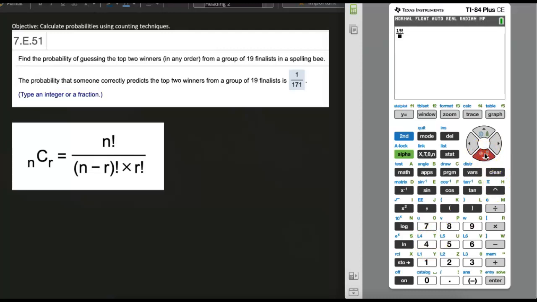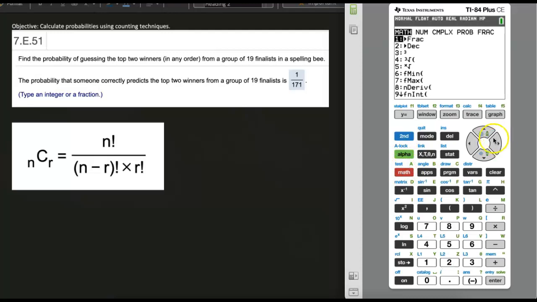So that's 19 factorial over 19 minus 2 factorial. So again, I'll press Math and scroll over to probability to get that special key, and then times 2 factorial.